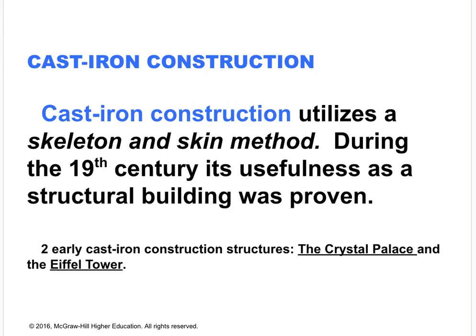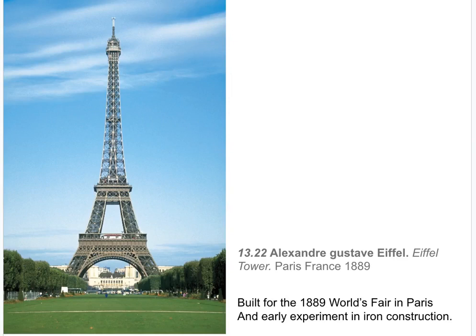So a cast iron building normally would be a skeleton and skin, and it allowed for tremendous height, much higher than we had before, using these iron cast beams. And then just to clarify, this is the Eiffel Tower, but it doesn't have skin, but that is an example of cast iron construction. Again, pretty much for aesthetic purposes, right?